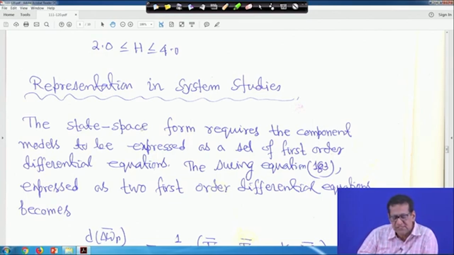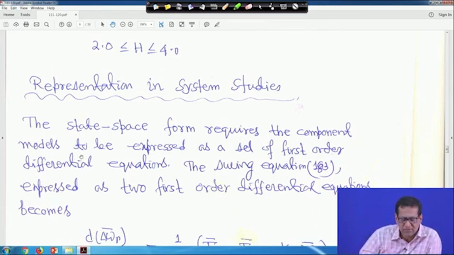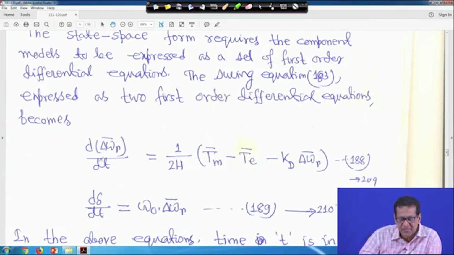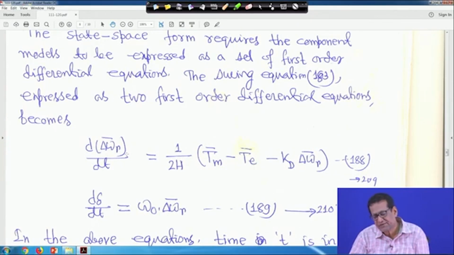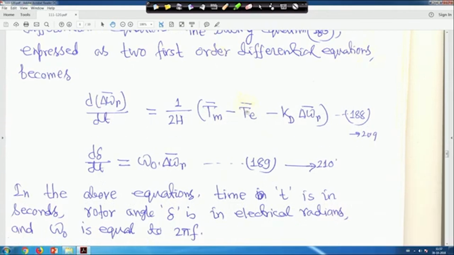The swing equation, that is 183, expressed as 2 first order differential equations, becomes d dt of delta omega r bar is equal to 1 upon 2H into T m bar minus T e bar minus K d delta omega r bar. This is equation 188.